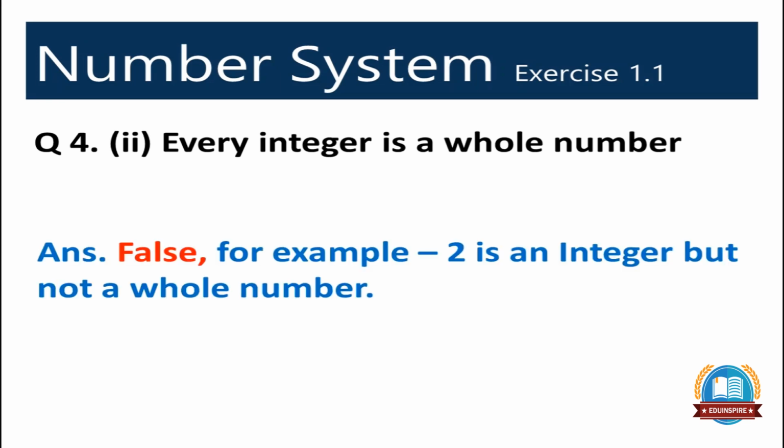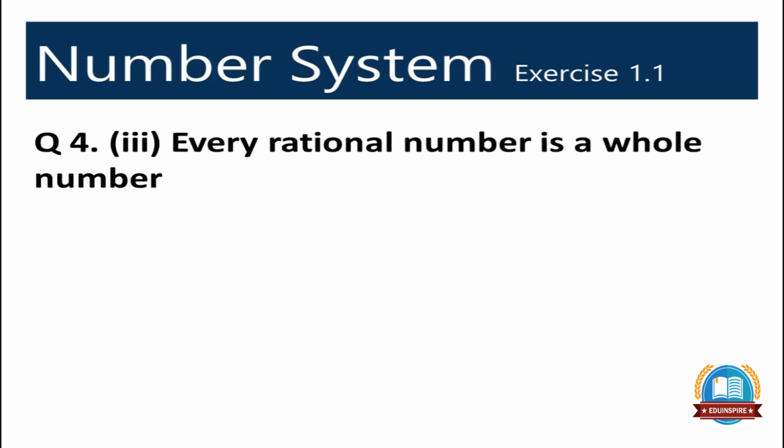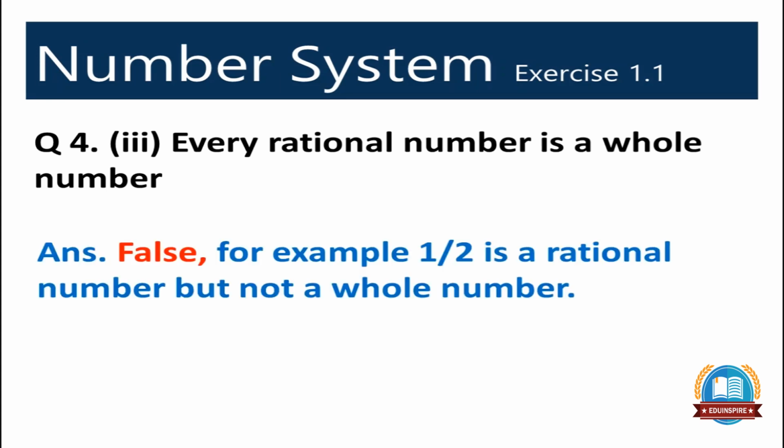The answer is false. For example, -2 is an integer but not a whole number. The third statement says every rational number is a whole number. The answer to this statement is false. For example, 1 upon 2 is a rational number but not a whole number.